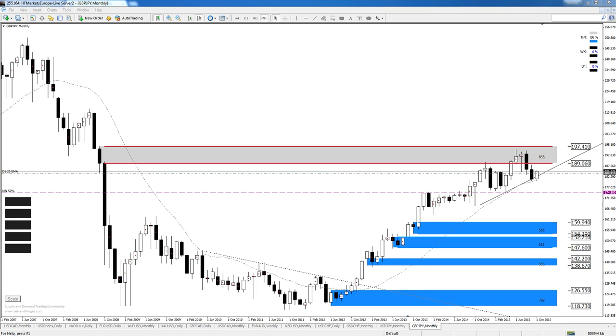It's touching the monthly EMA, the moving average. And it's also a confluence of the trend line, so both of them are within that zone. Exactly. And then we have two piercing patterns on the monthly. So we have a lot of confluences.